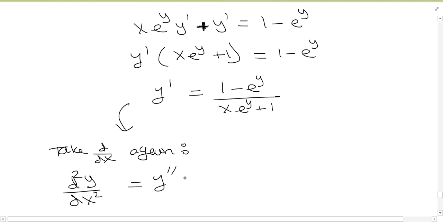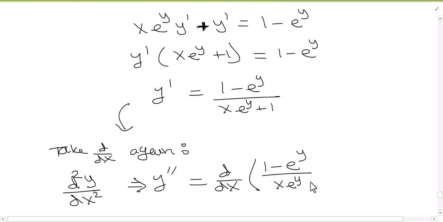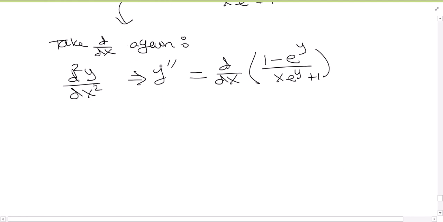And so I'm going to get y double prime equals, now here I have to take the derivative with respect to x again of this quotient, which means that we have to use what? Right, we have to use the quotient rule. And notice that there is a built-in product rule there. So this problem is all kinds of fun.